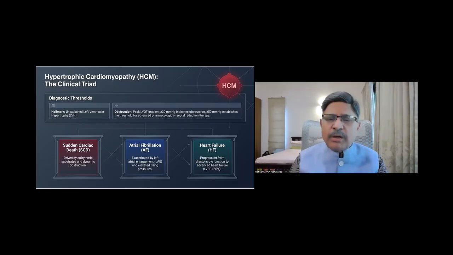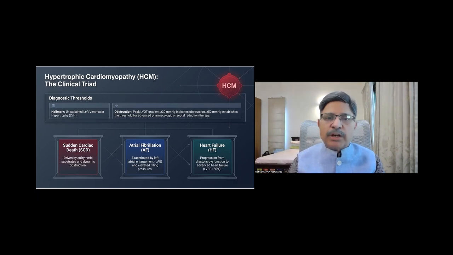There are so many secondary causes for left ventricular hypertrophy. If you don't have any one of the causes, and a patient has left ventricular hypertrophy per se, such a condition is called unexplained left ventricular hypertrophy. Be watchful. It could be cardiomyopathy.